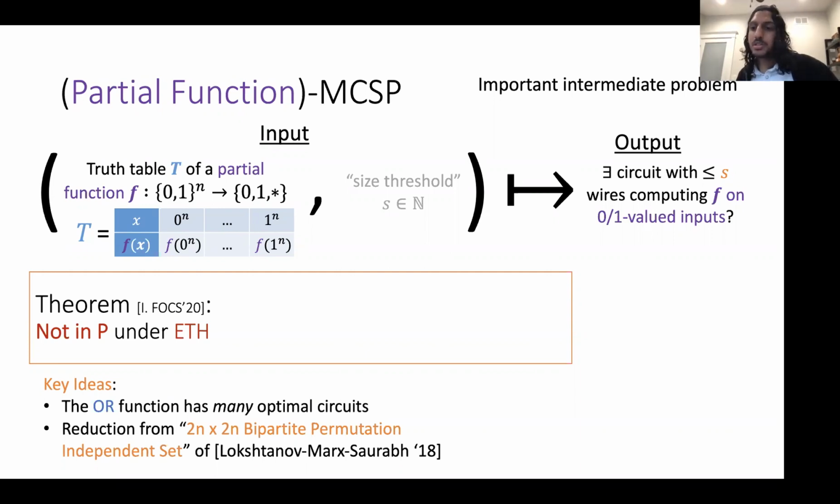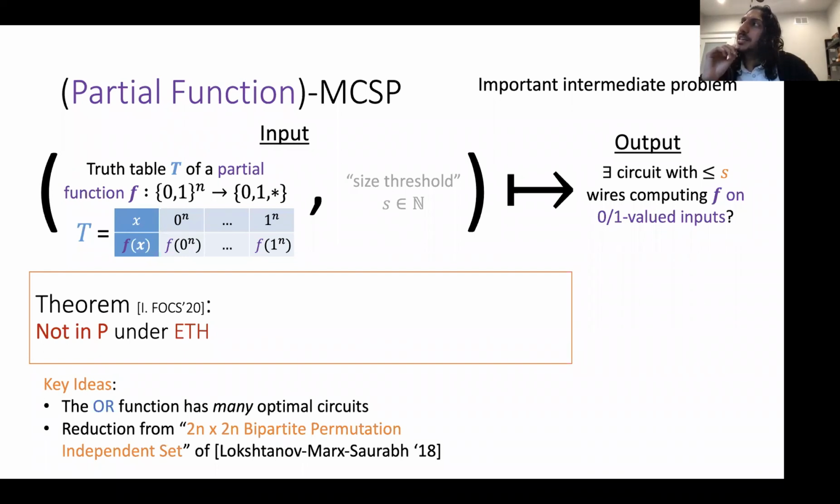Particularly because OR is commutative, you can take these ORs in any order you want. So it has roughly n factorial circuits, where the n factorial comes from what permutation you choose to compute your OR in. There are actually a few more of them, but it's mostly coming from permutations.